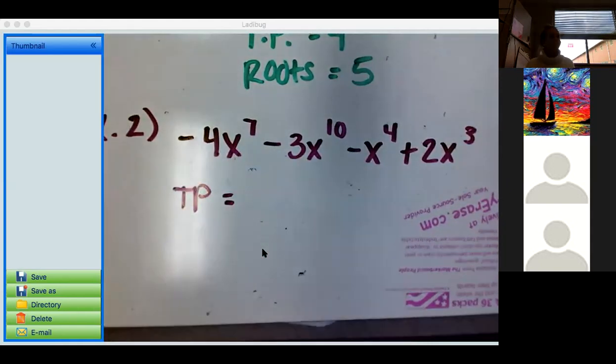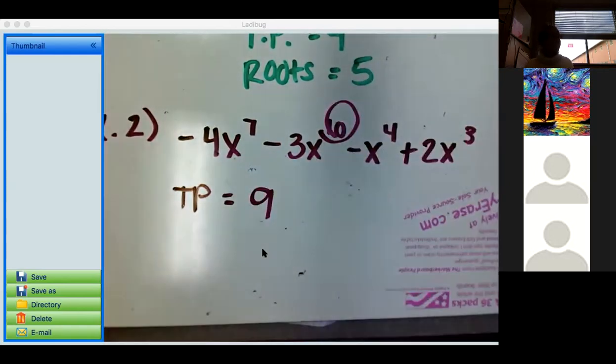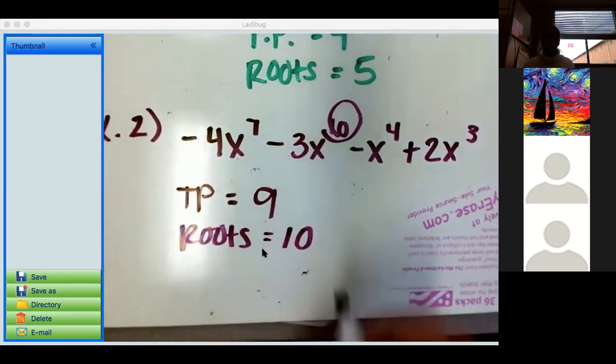The max number of turning points. Good, 9 because the degree is 10. Max number of roots then would be 10.